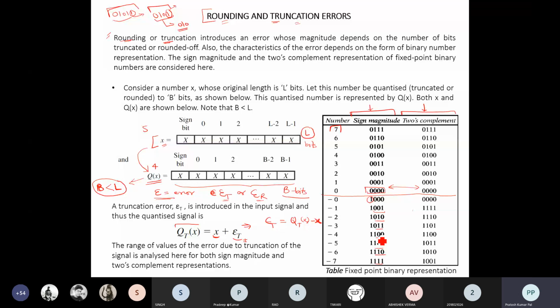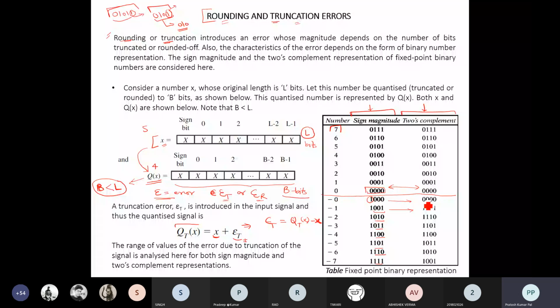Similarly, if we convert these to 2's complement representations, the same numbers are converted to 2's complement. The value 0 0 0 has its 1 complemented, so it becomes 0.